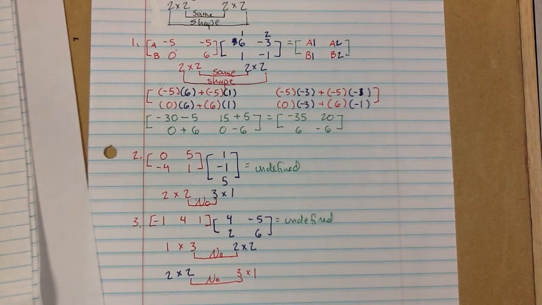Those are different answers. So for as much as you can change the order they're in, you're not going to come up with the same answer. It's not like negative 5 plus 5 and 5 minus 5, where you get the same thing. You're going to end up with something totally different.